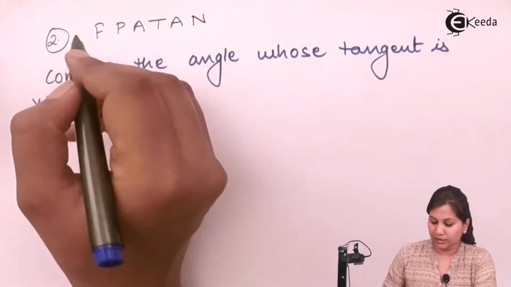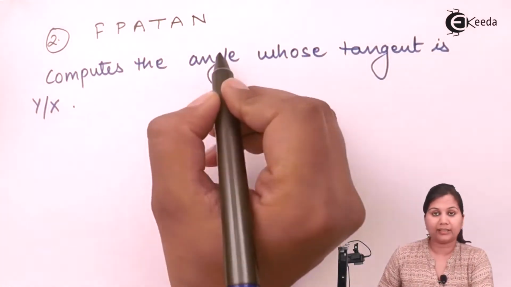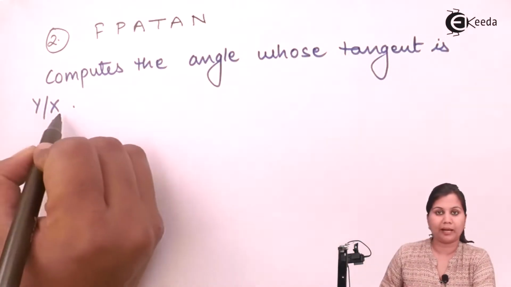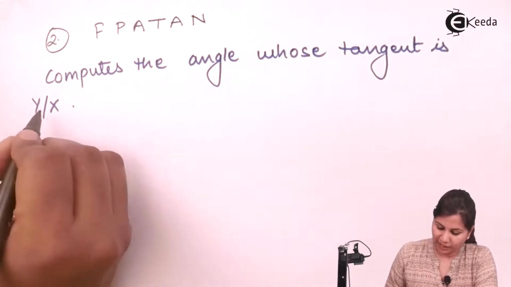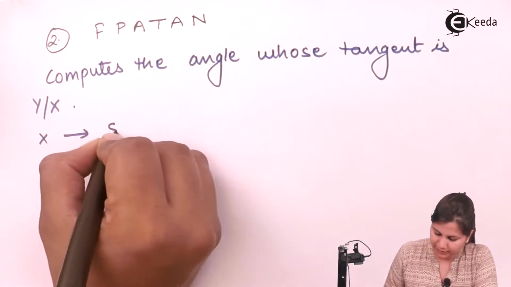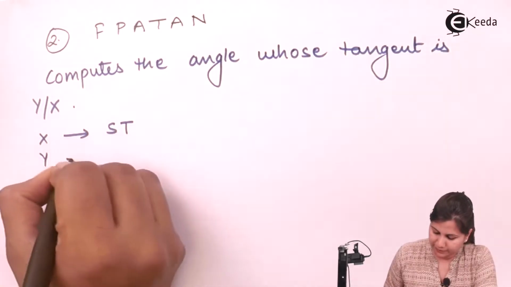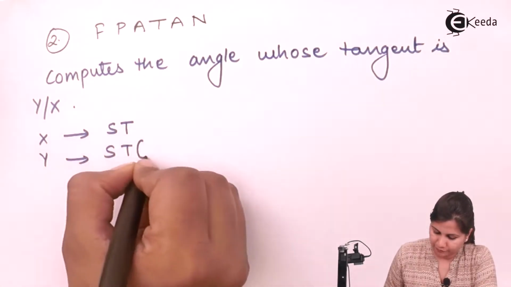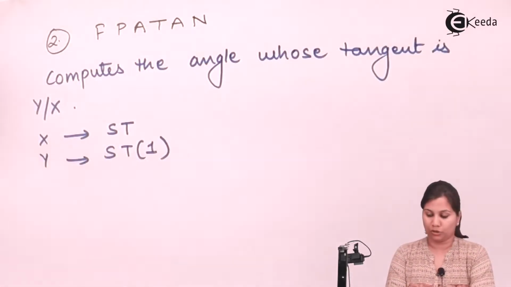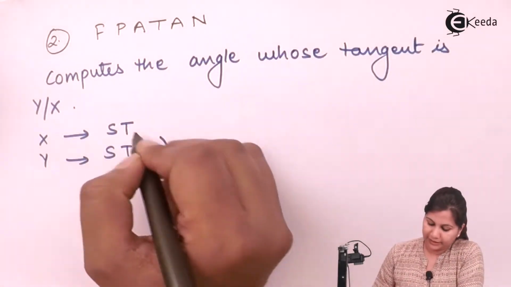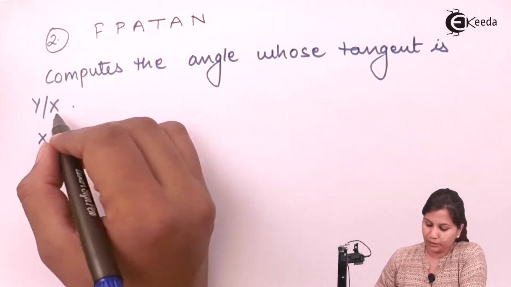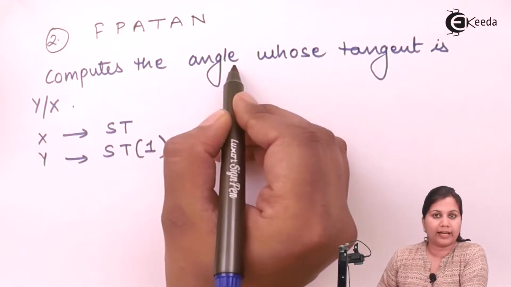Now x is given in ST and y is present at ST1. So from here we can get the values of x and y, we can calculate this ratio and then we can calculate the angle.